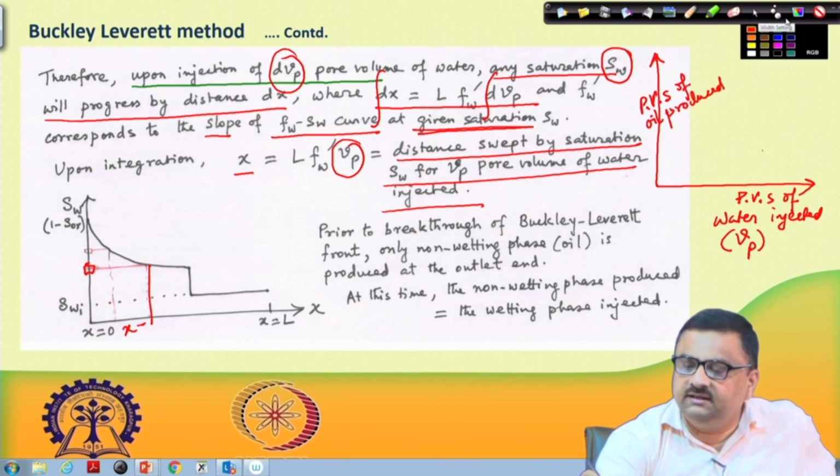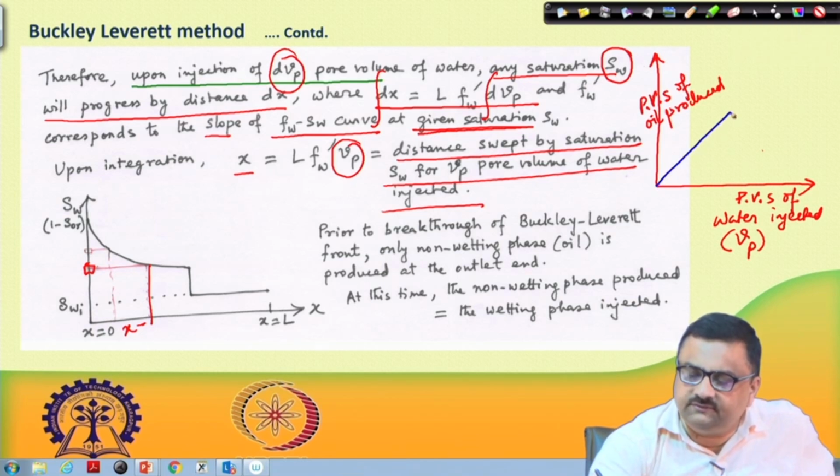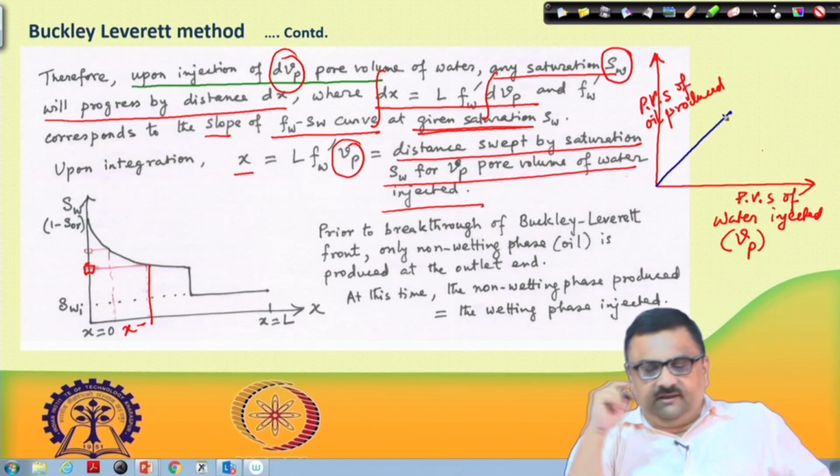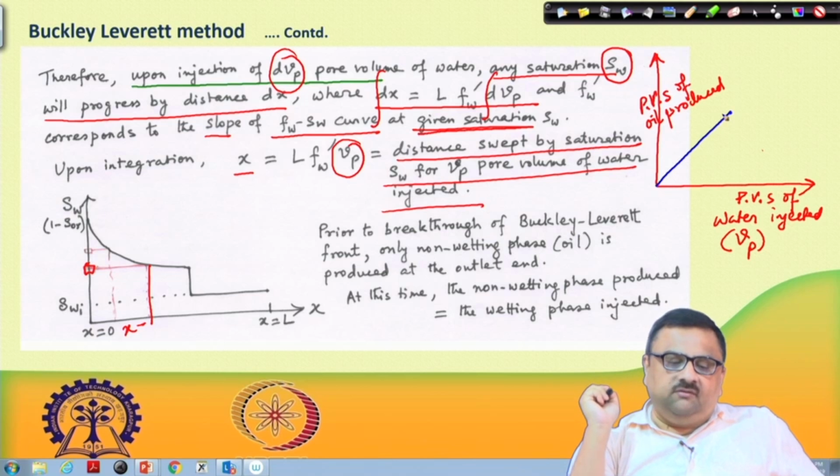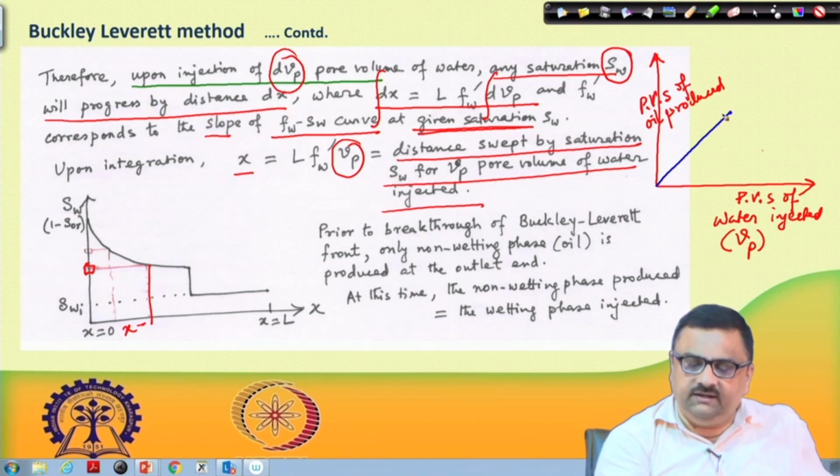So, we said here that this will follow a straight line, because prior to breakthrough of the Buckley-Leverett front, only non-wetting phase is produced at the outlet end.